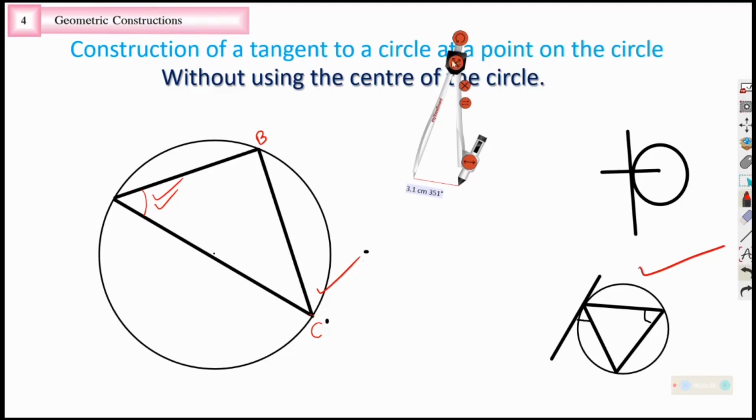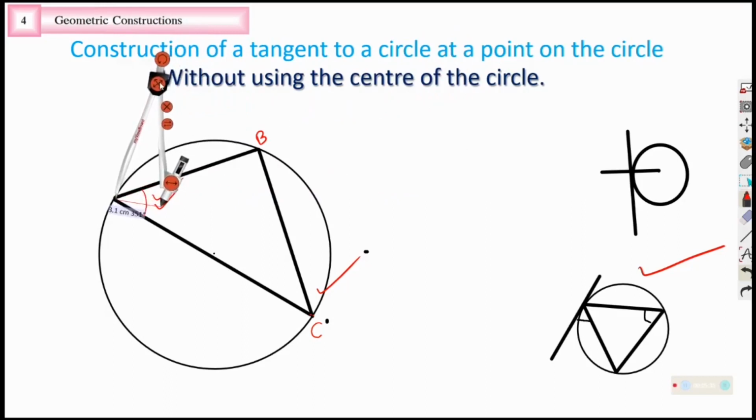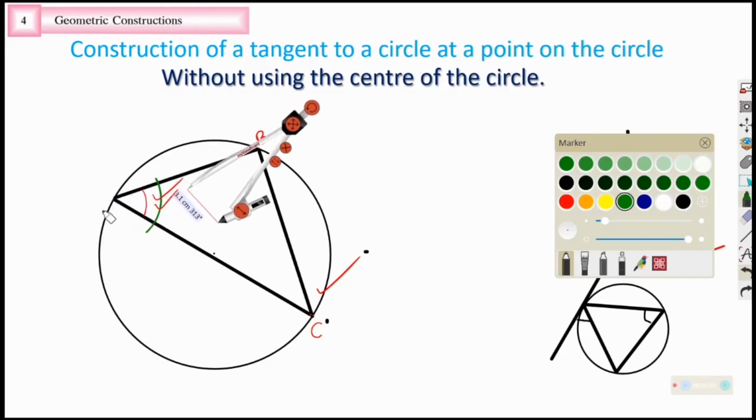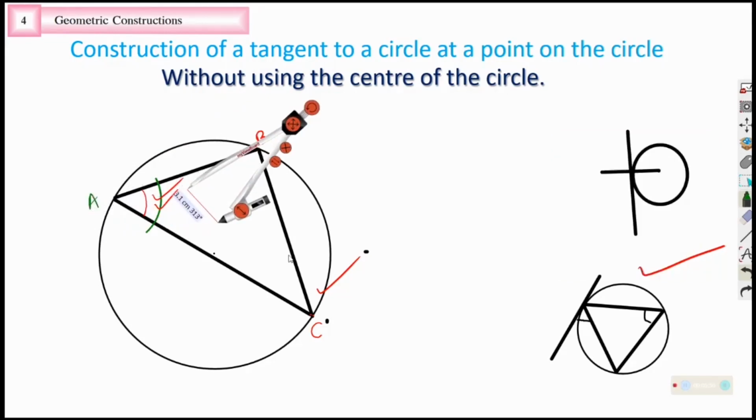To copy an angle, it's very simple. Simply bring the compass to that angle and draw an arc touching both the arms of the angle. Here it is over. This can be written as A, so it became ABC.